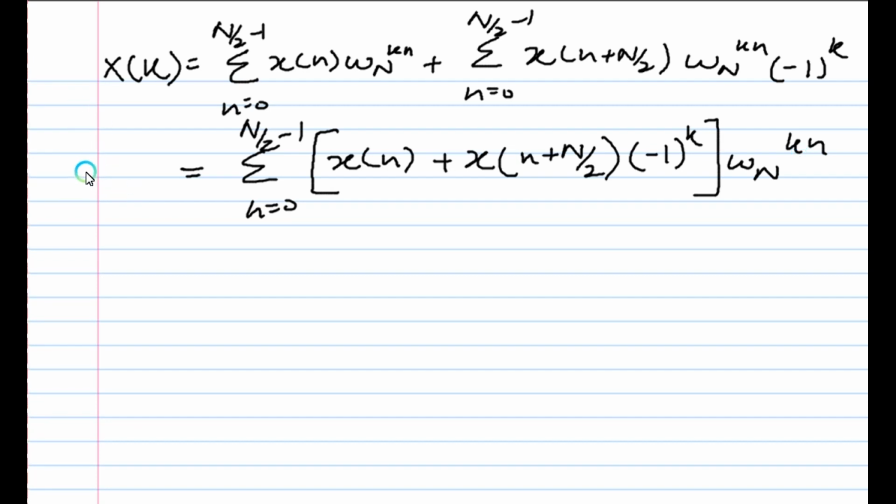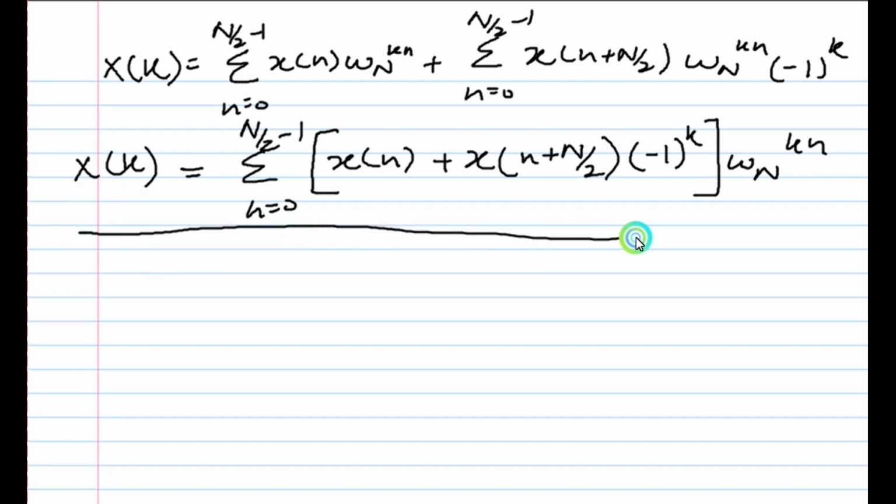So this is my X of k. Now, as in the case of DIT, where we used to divide x of n into even and odd parts, here we will divide x of k into even and odd parts.